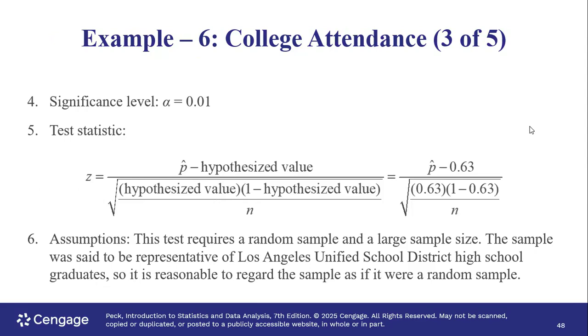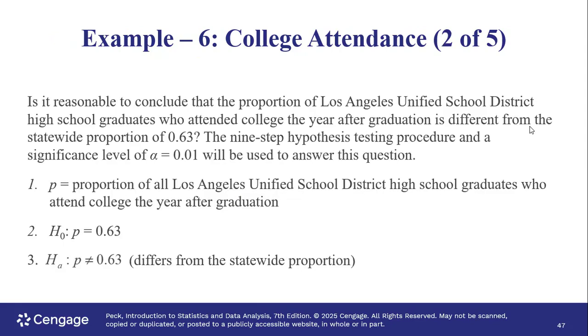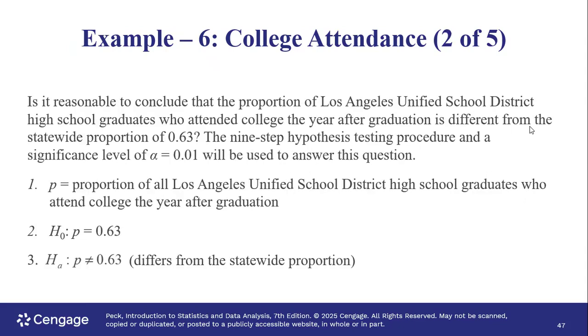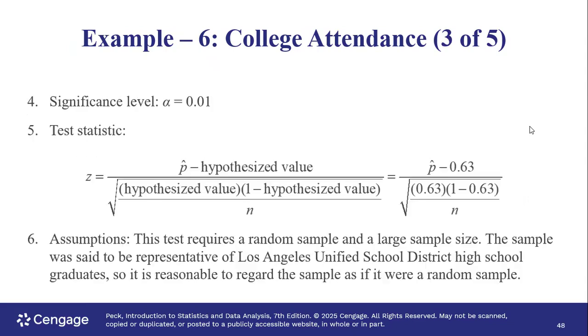On the numerator, we have 0.52 minus the value in the null hypothesis, which is 0.63, so (0.52 minus 0.63), divided by the standard deviation, assuming the null hypothesis to be true.